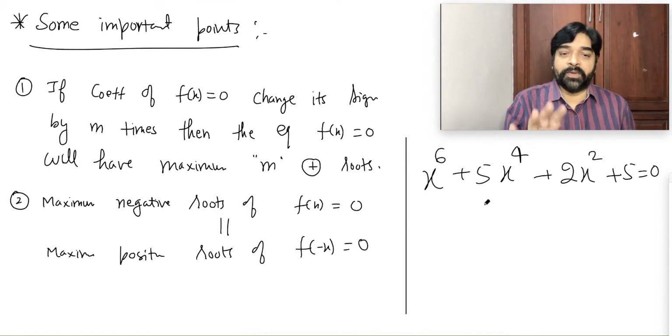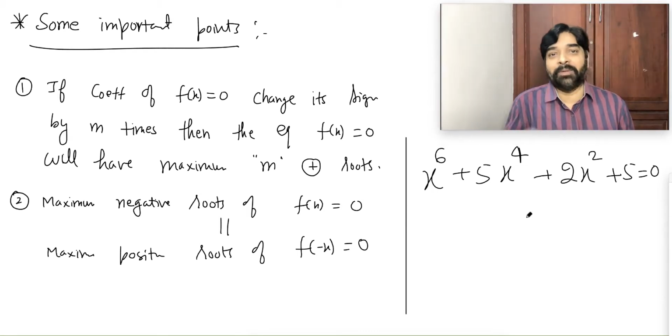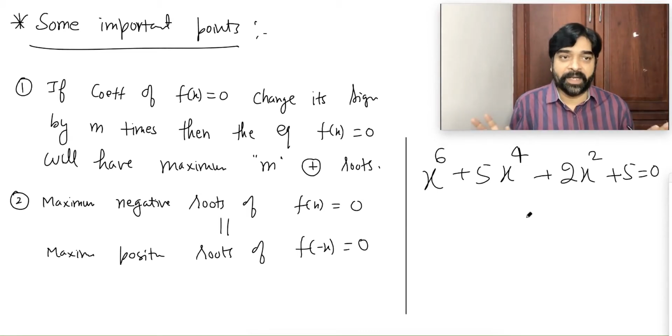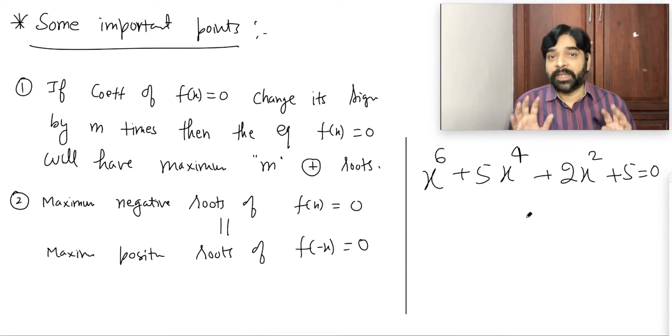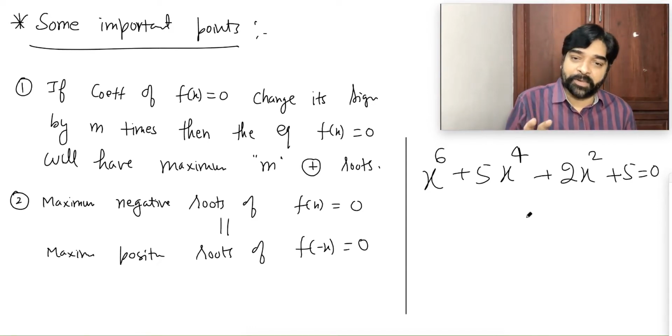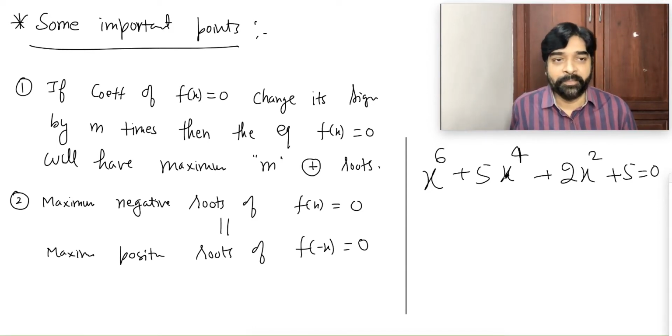If a big equation is coming, means quadratic is coming, no problem, anyhow we can solve it and tell. If quadratic is not coming, then only there will be a problem. There only I am trying to help you as much as possible. So if a bigger degree is coming, we should do the analysis this way.